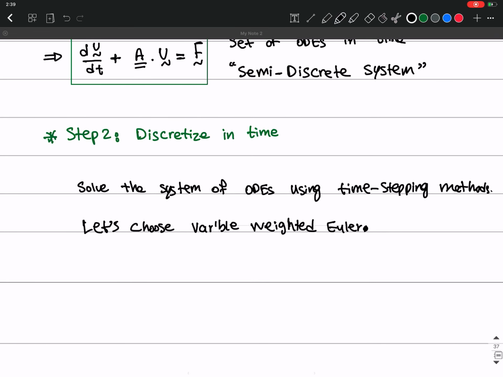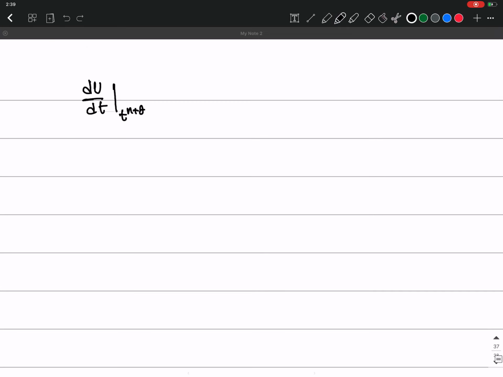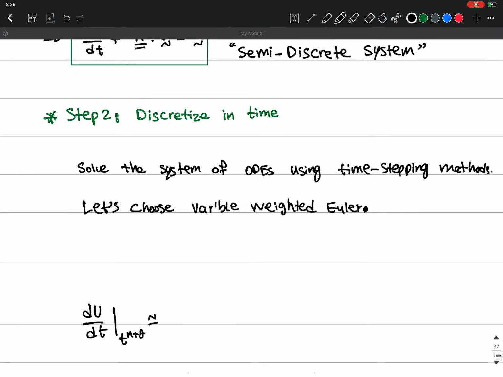The equation is going to be for du over dt at Tn plus theta. We are going to approximate that. If you look at your notes and see what a variable weighted method looks like, you will see that we are going to approximate it.